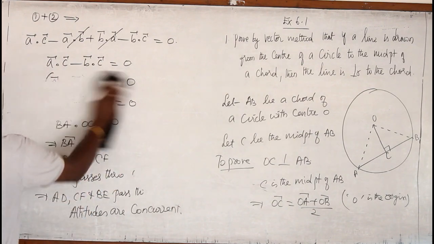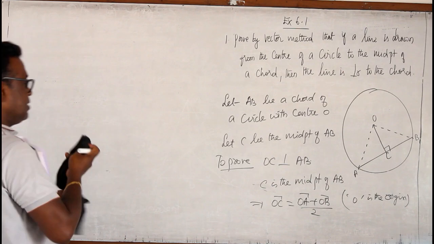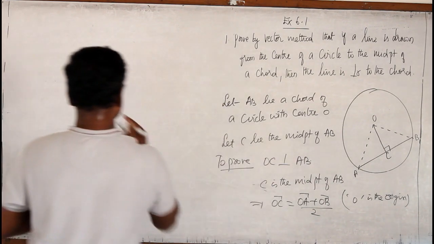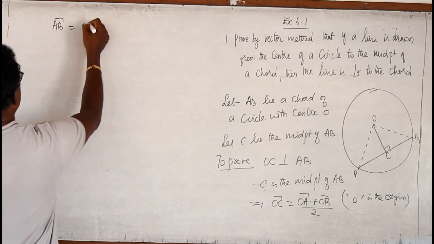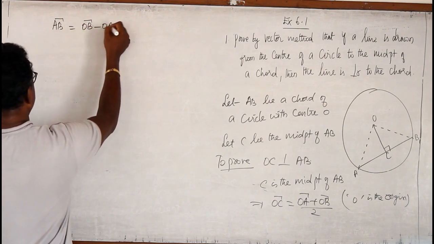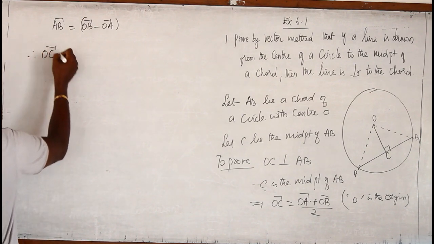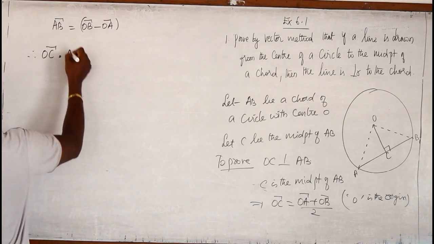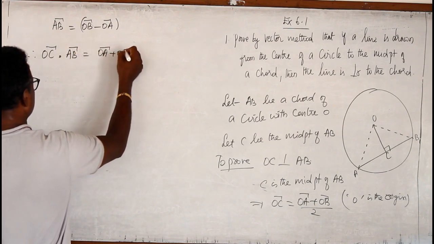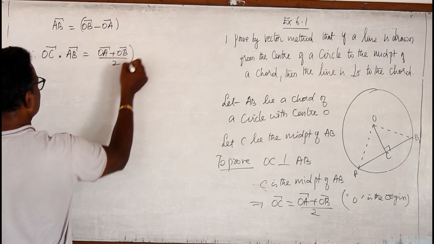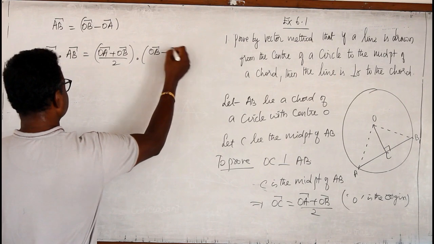Now, I have OC. Similarly, AB vector is OB vector minus OA vector. Therefore, let me find the dot product between OC and AB. So OC dot AB is OA plus OB by 2 dot OB minus OA, isn't it?